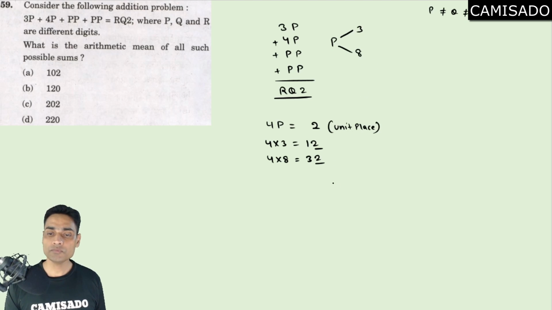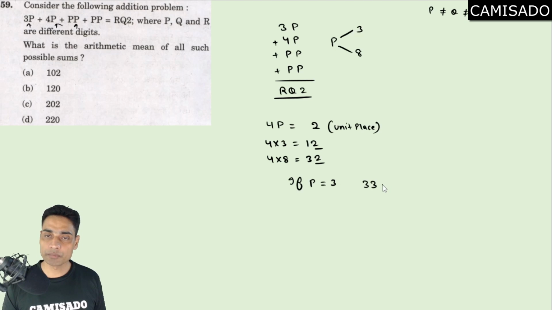Okay, if p is equal to 3, 3p means 33. We are not multiplying here. 3p is a value basically. All these are digits. Here I have done 4p because I have added p plus p plus p plus p. Now it's not a case of multiplication, so don't get confused.